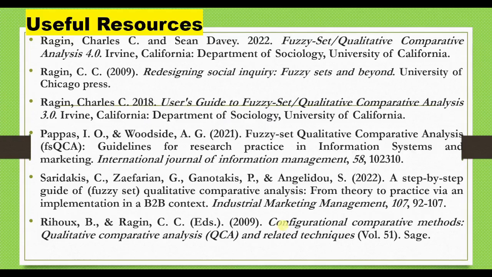So this was all about the principles and the structure of fsQCA analysis. Useful resources are listed down here so that you can download them and study for enhancing your knowledge on the topic. We'll meet soon with a complete practical analysis done on sample data in fsQCA software.